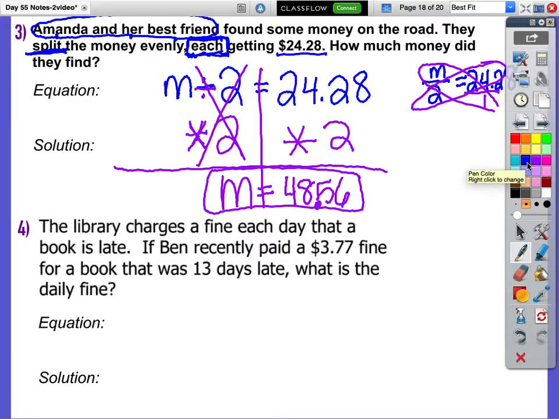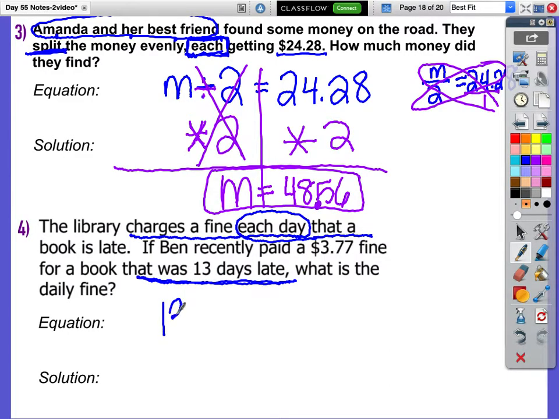Number 4, the library charges a fine each day that a book is late. If Ben recently paid a $3.77 fine for a book that was 13 days late, what is the daily fine? All right, so the library charges a fine for each day that a book is late. Do we know how many days late he was, by the way? Sure do, 13 days late.